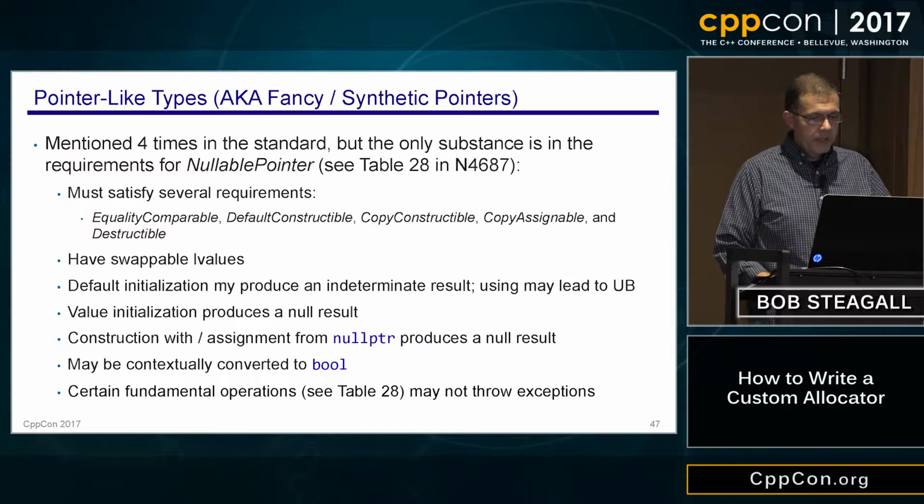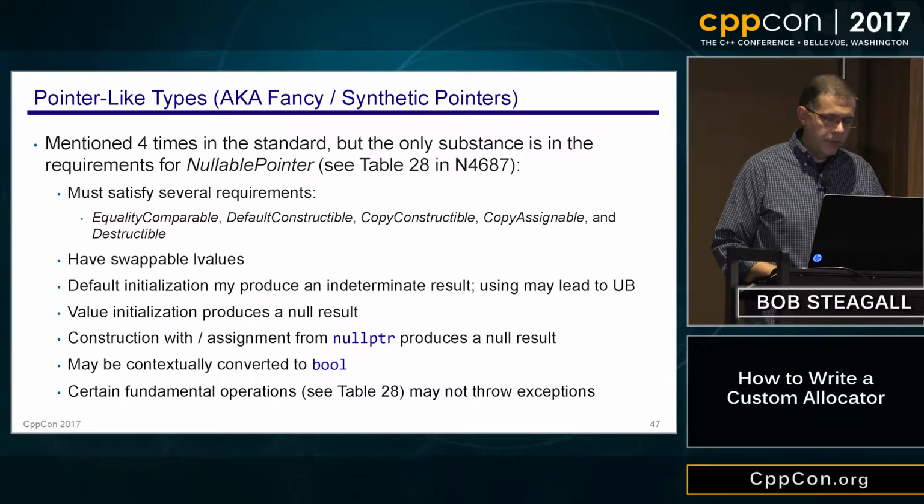If I default initialize it, I'm allowed to create an indeterminate result, and doing so may result in undefined behavior. If I value initialize it, I'm required to create a value that represents a null result. Now, in the standard, this idea of null result is not really defined. Construction and assignment from a null pointer must also produce a null result.